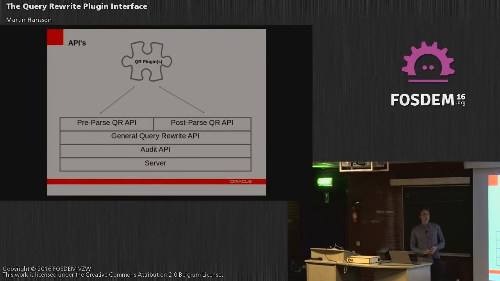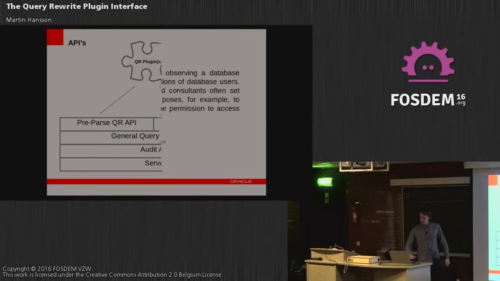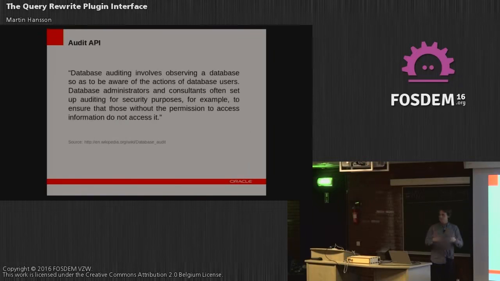And now I'll explain to you what Sveta didn't have time to explain, why this is so interconnected with the Audit API. Here is the definition of auditing from Wikipedia. So what the Audit API does, it lets you use pluggable auditing, and it's essentially a type of logging that you use to detect illegal activities in the database afterwards.